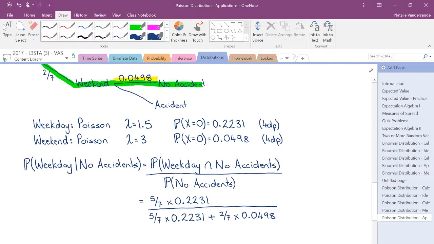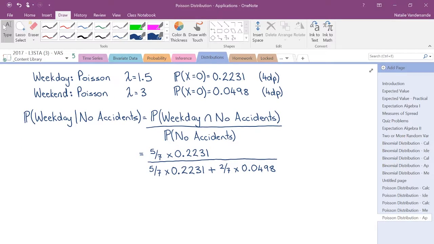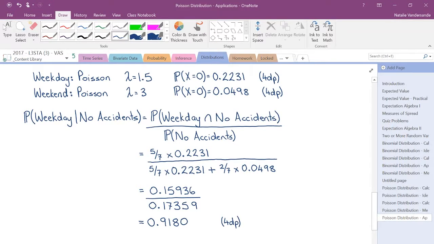Working this out, so we can conclude the probability that it was a weekday, given no accidents occurred, is 0.9180 to 4 decimal places.